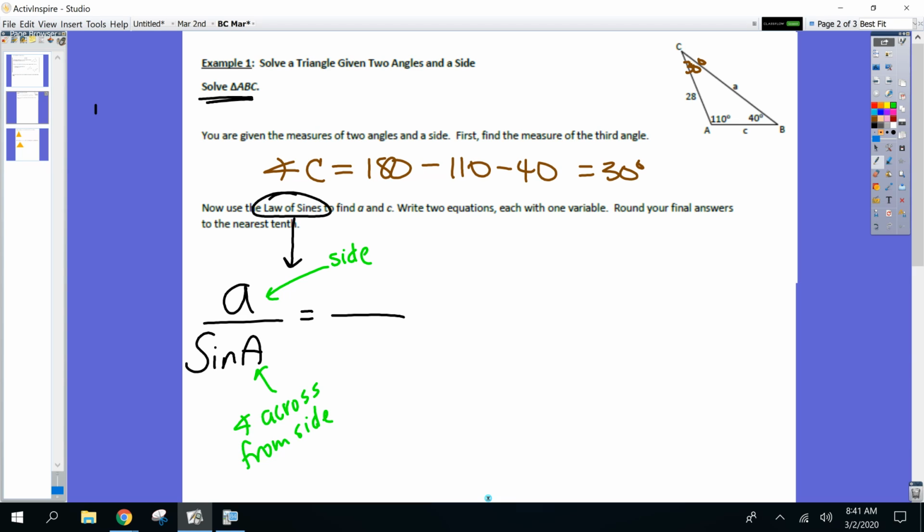That ratio, so 10 over the sine of 50, 6 over the sine of 80, whatever it is, is equal to another side over the sine of the angle across from it. Those 2 ratios are always equal. Take a side, put it over the sine of the angle across, and do the same thing for another pair. They'll always be equal in any type of triangle, including a right triangle.